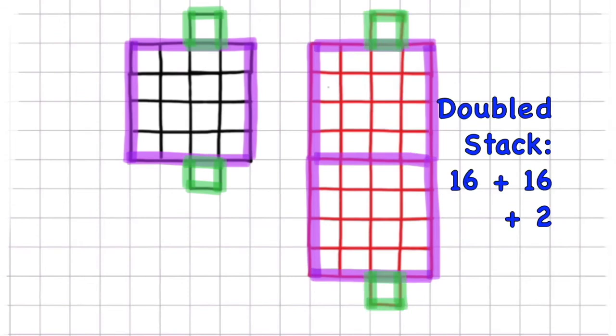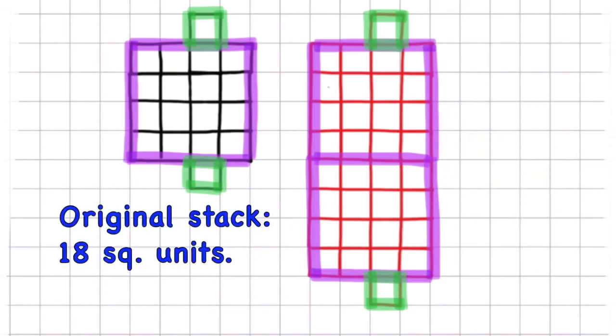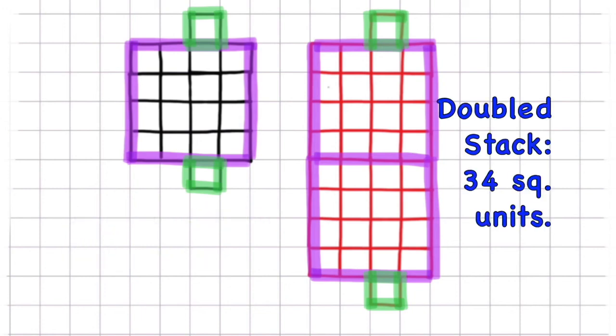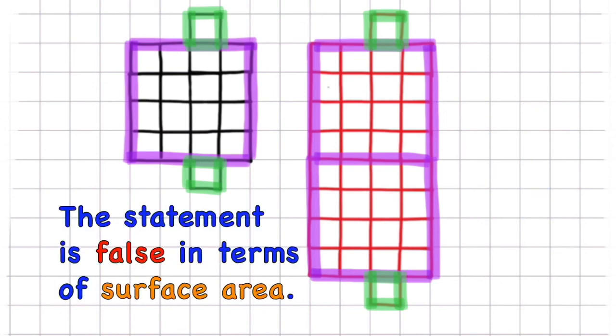Notice that the 2 bases didn't double. So the total surface area of the original stack was 18 square units, and the total surface area of the doubled stack is 34 square units. Double 18 is 36, not 34. The statement is false in terms of surface area.